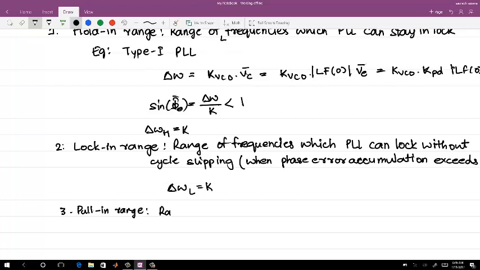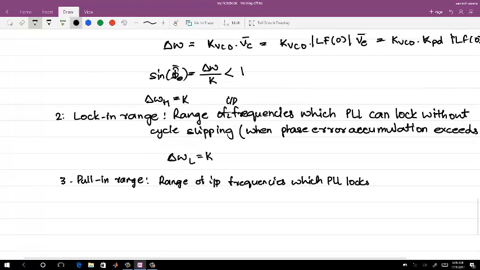That is defined as the range of input frequencies which the PLL locks with and without cycle slipping.